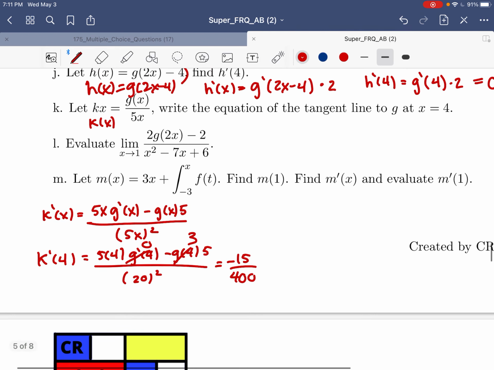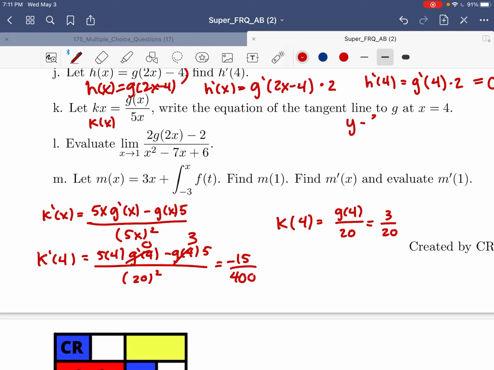This question's weird. And then we have x equals 4, meaning we need our y value still. So y minus, we know g of 4 is just going to be 3. I'm sorry, we got to plug it in. So if I just need k of 4, it's going to be g of 4 over 5 times 4, which is 20, and we know g of 4 is 3.